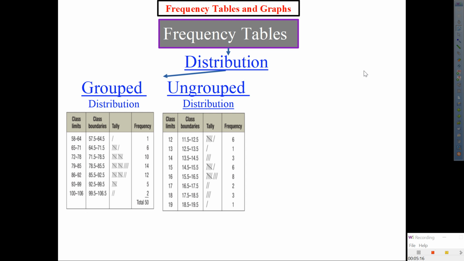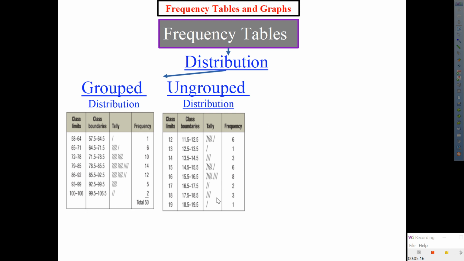The values of the grouped one is more like a bell-shaped curve, and then the ungrouped is like... Okay, that's a good observation, but that's not what makes it grouped and ungrouped. But good observation. Did you ever hear that the grouped has a bell-shaped distribution on the tallies, and the other one's all over the place.